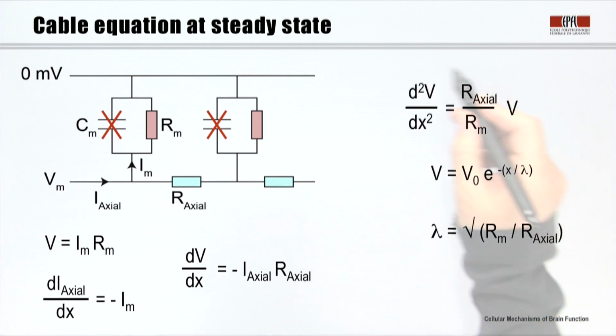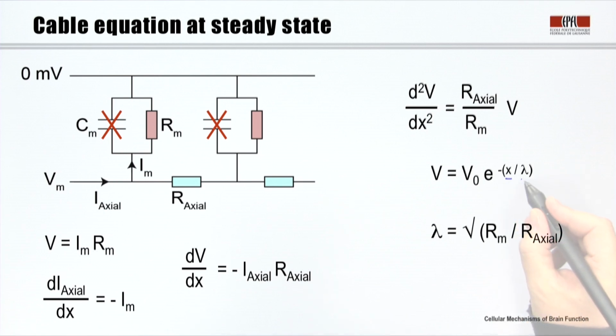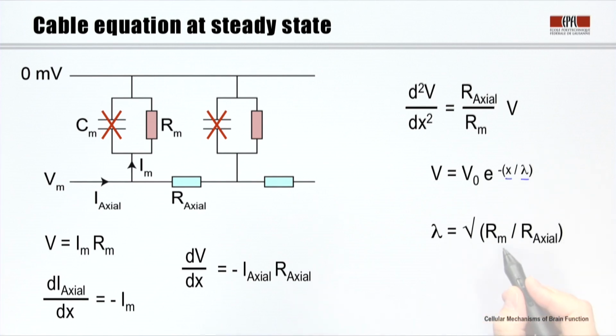This second order differential equation has a solution with an exponential form with respect to space, length down the cable, and we introduce now the length constant, which is equal to the square root of the membrane resistance divided by the axial resistance.